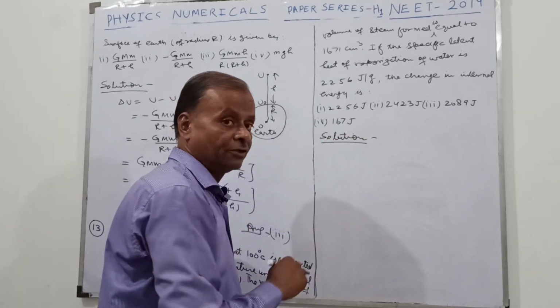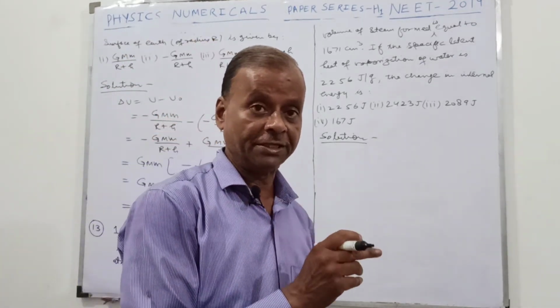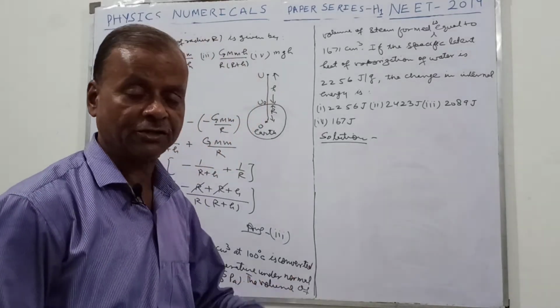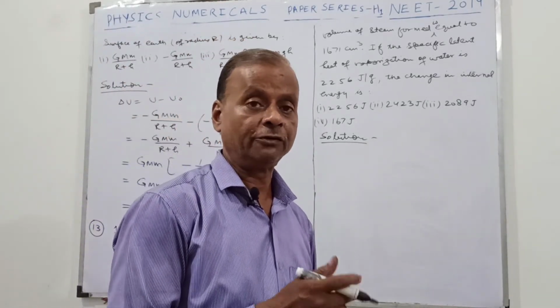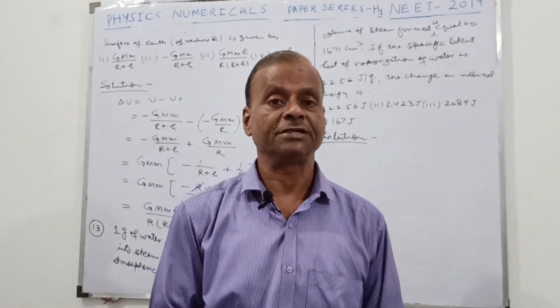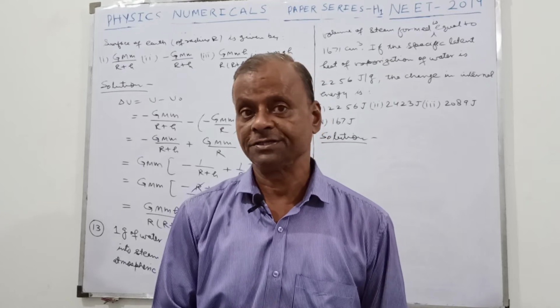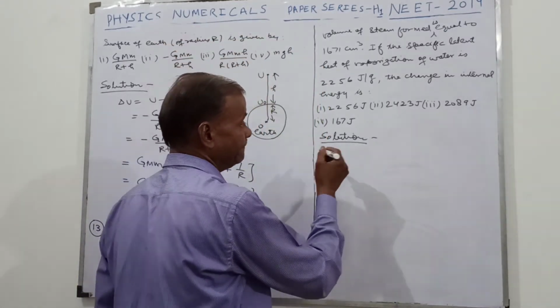You are given the change in volume, you are given the change in state of this water, and you have to find the change in internal energy, because whenever there is a change of state, there is a change of internal energy.